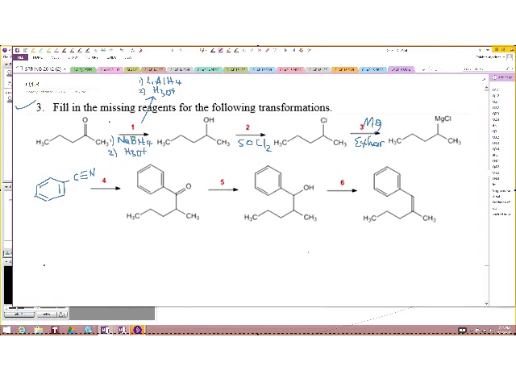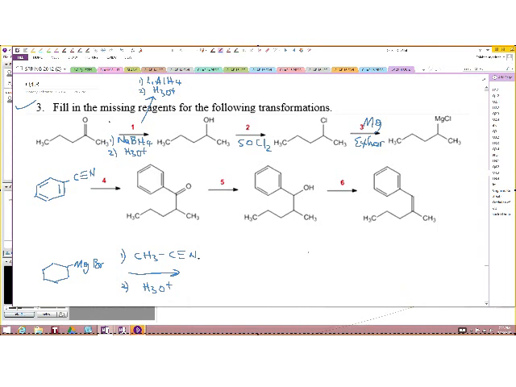A Grignard reagent, for example, if I have this Grignard reagent here, and I have this nitrile here, step 1, and then step 2, we add the hydronium ion.